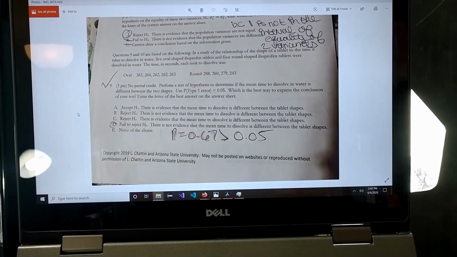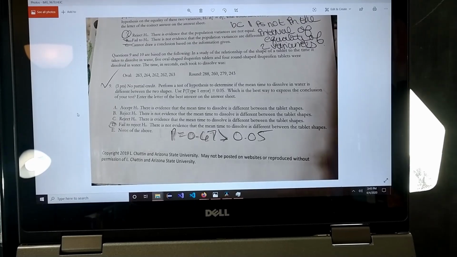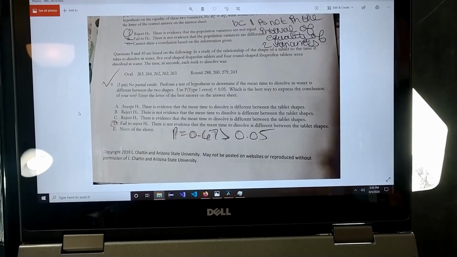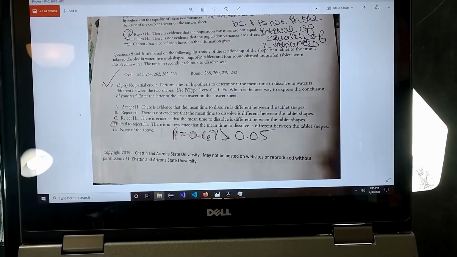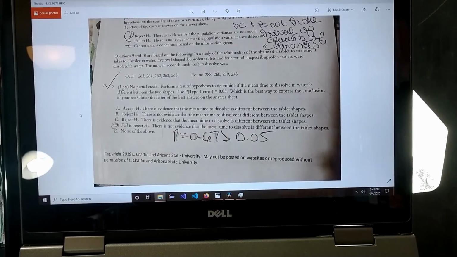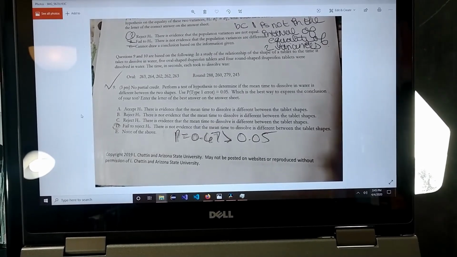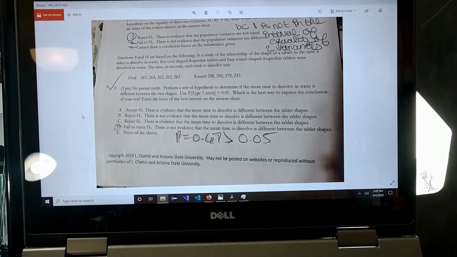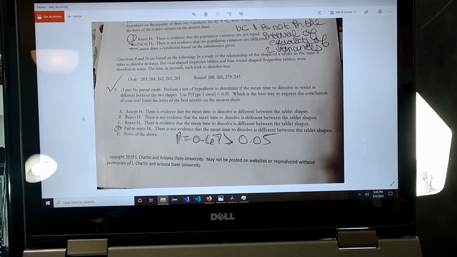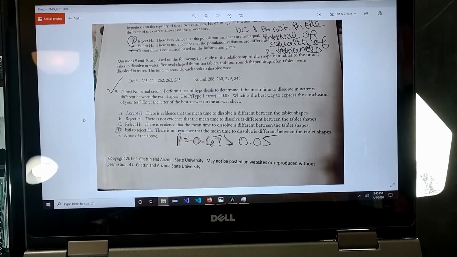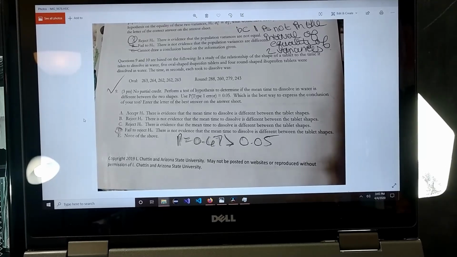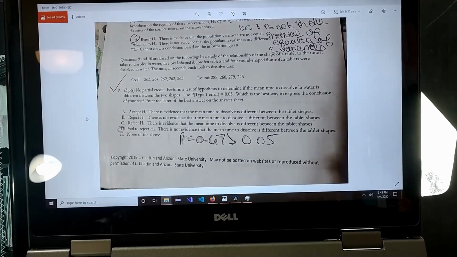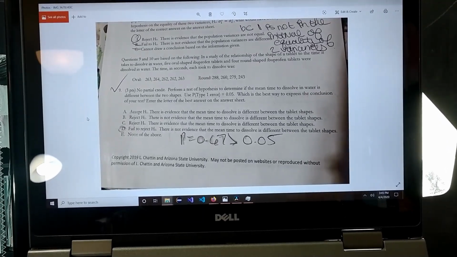And then option D is the other valid option, where we fail to reject the null hypothesis, and that corresponds to a situation where there isn't evidence that the mean time to dissolve is different between the tablet shapes. And then the last option would only be relevant if, given the information, we couldn't do a hypothesis test, perhaps.